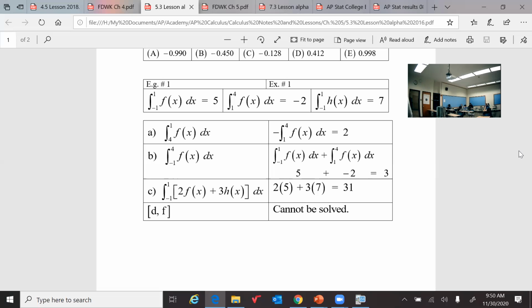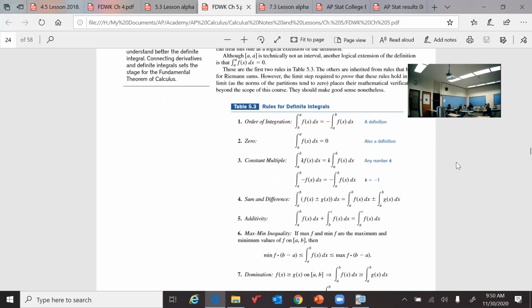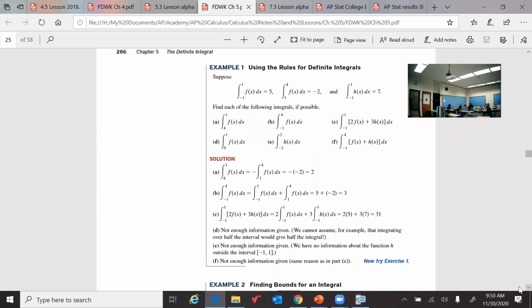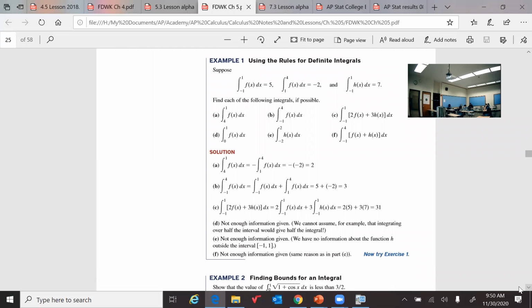But now look, well, we got D, E, and F. So we go to the textbook. D wants 0 to 1 of F. Well, we knew that from -1 to 1, F was 5.